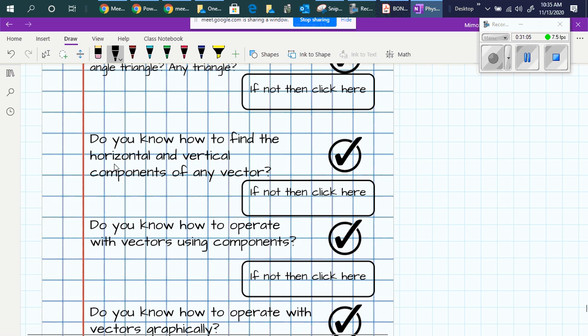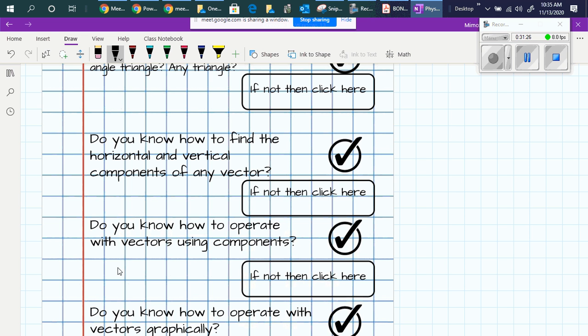You should know how to find the horizontal and vertical components of any vector, described using either bearing or northeast southwest axis, or the positive and negative. Usually it will be northeast southwest axis.